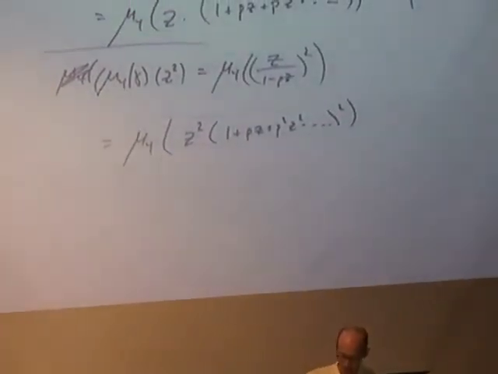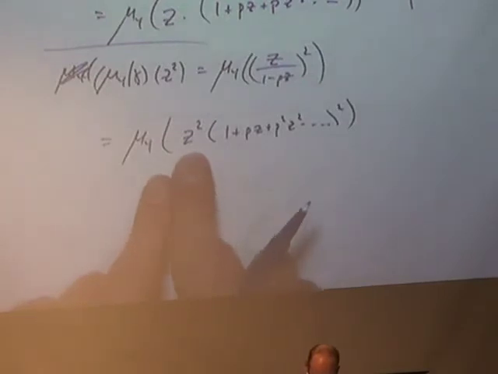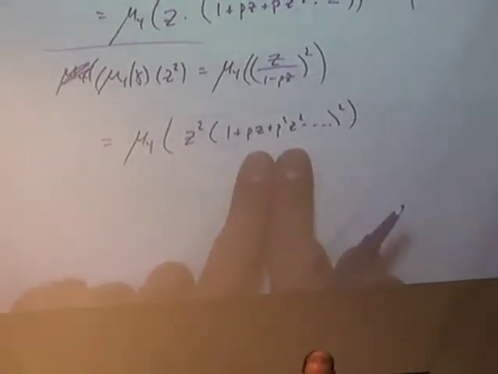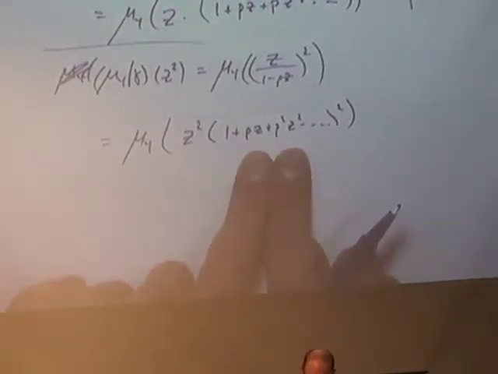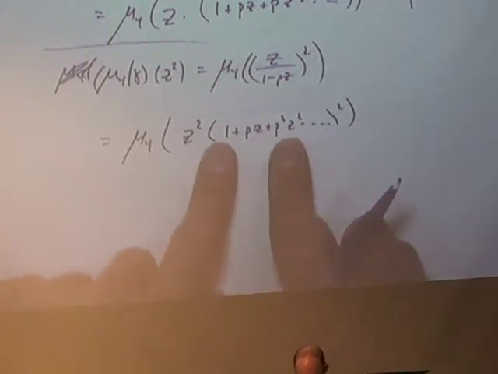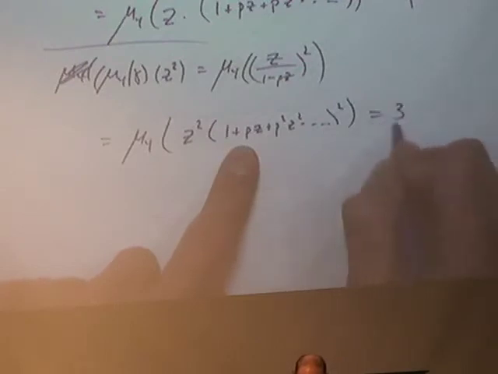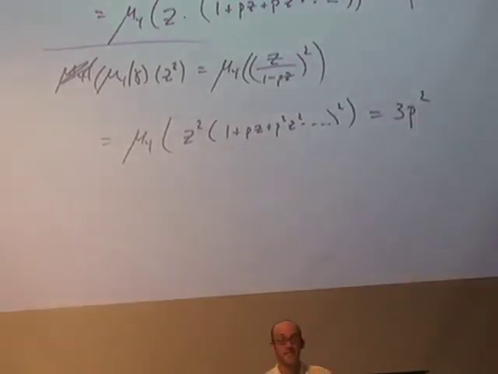And then again, I have to pull out the quadratic term. And since there's a z squared there, that's the quadratic term here. And I have to square that power series. Oh, that's not bad. You get a p squared twice, and then another p squared. You get 3p squared.